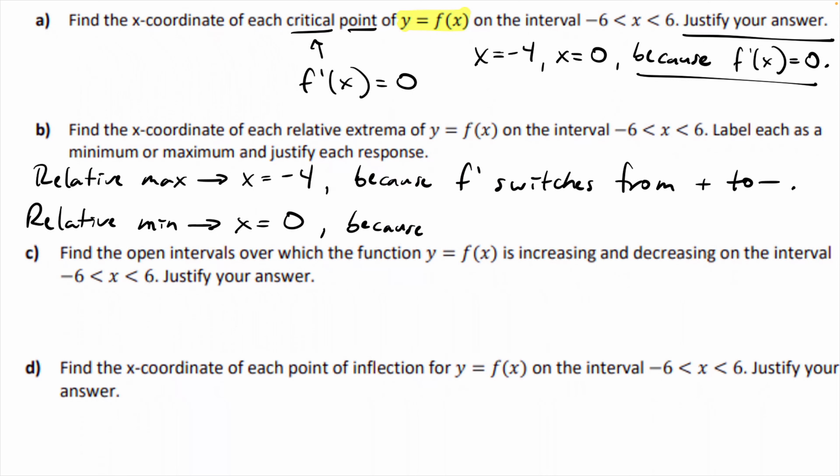That creates a maximum. What creates a minimum is the opposite. When f prime switches from negative to positive. That creates a minimum.